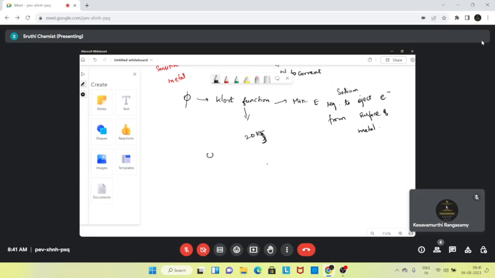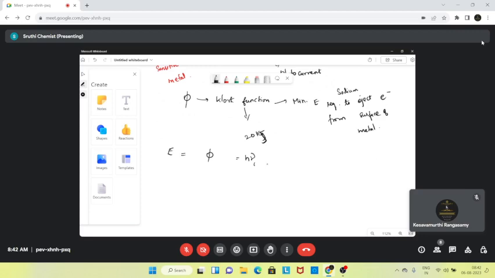So what is this? This is our work function. We can say threshold frequency, we can say minimum energy is needed. We can compare it with the minimum energy. So what is the formula for minimum energy? The energy formula is h nu.